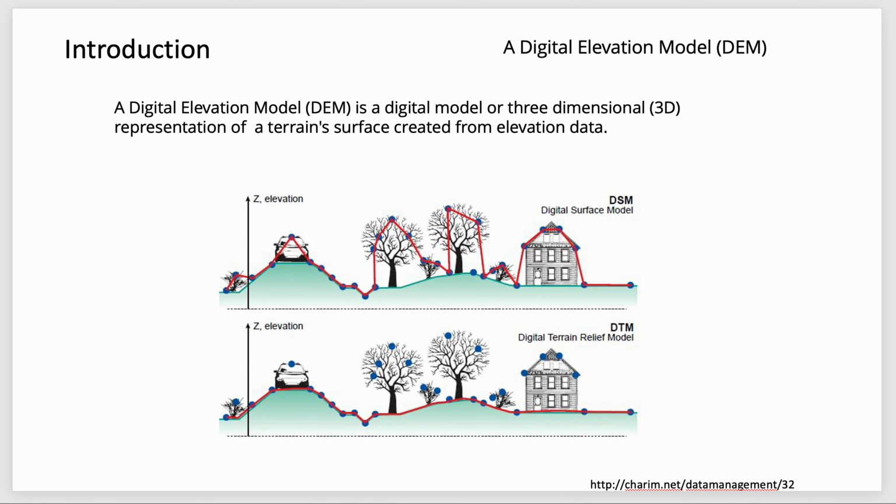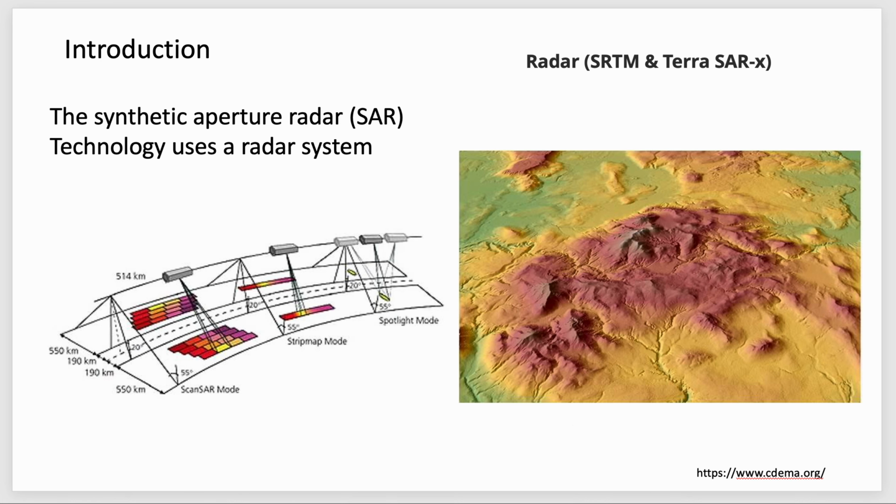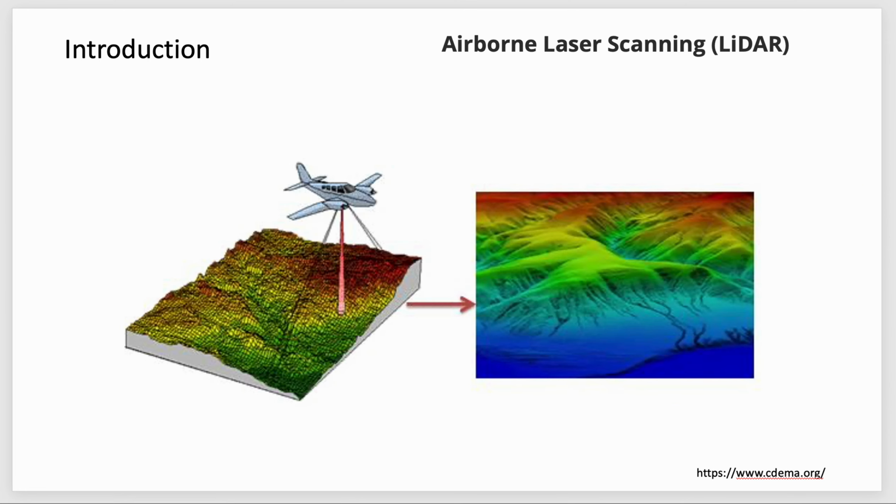What is a digital elevation model, or DEM? DEM is a digital model or 3-dimensional representation of terrain surface created from elevation data. This can be taken from synthetic aperture radar or SAR technology, which uses a radar system as shown in the picture that you can imagine.